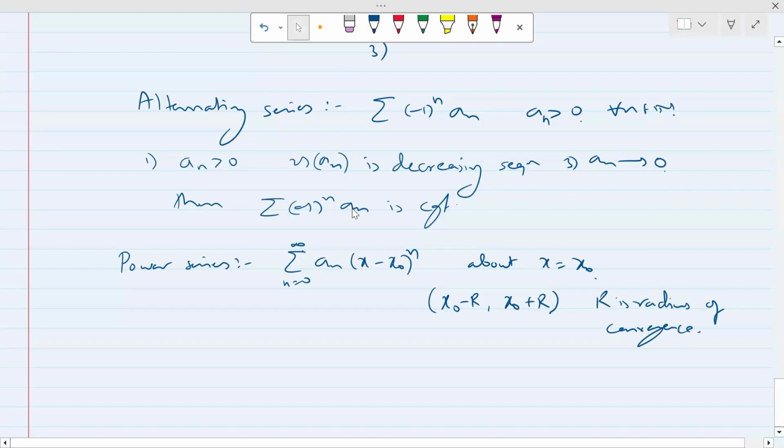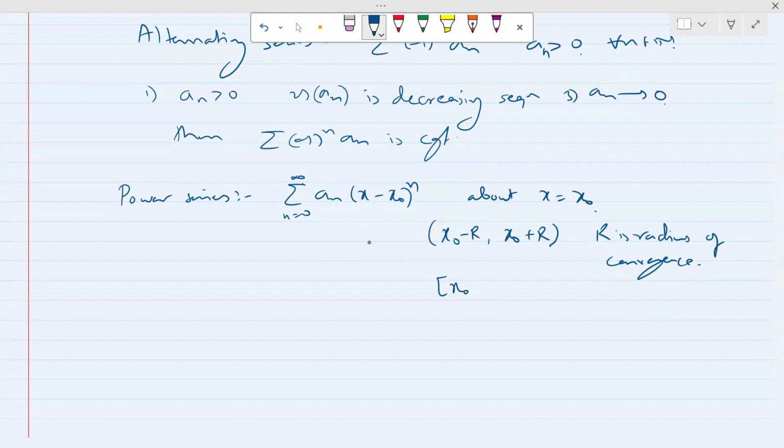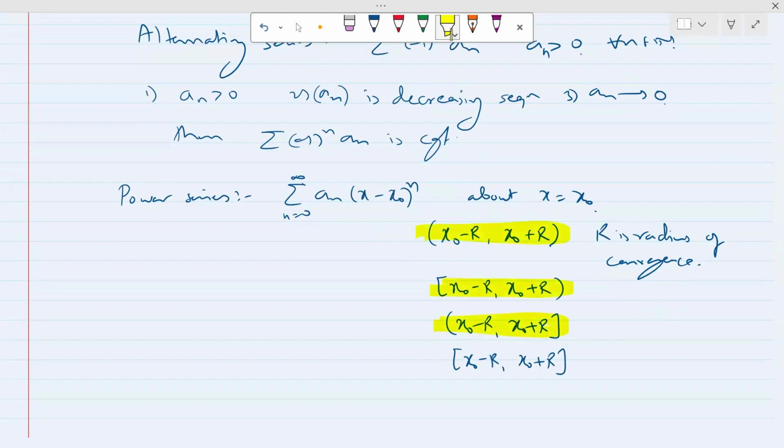For a given power series, the obvious question is to find its radius of convergence or its interval of convergence. Possibly, the interval of convergence may be one of these. There are four cases. Yes, these are those four cases: first, second, third, and fourth.